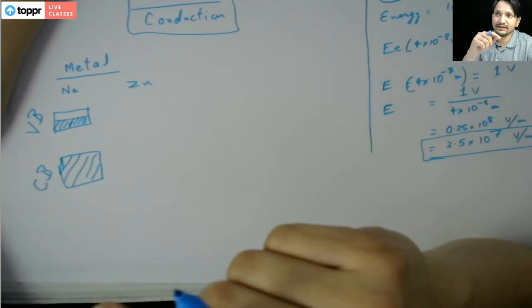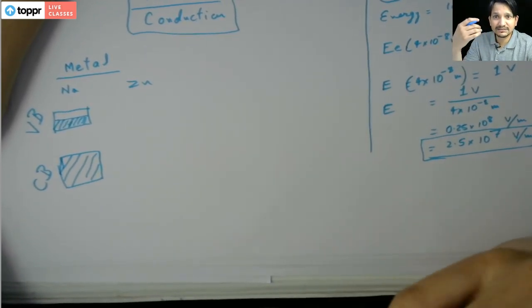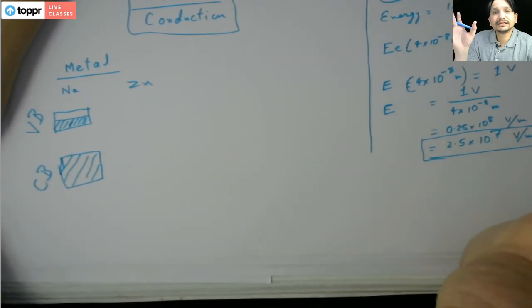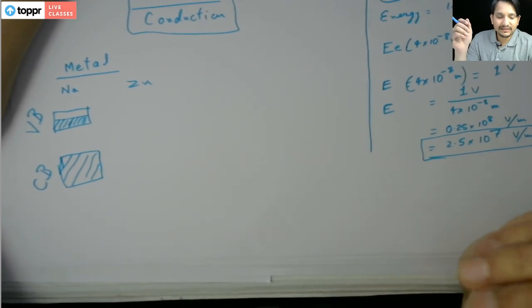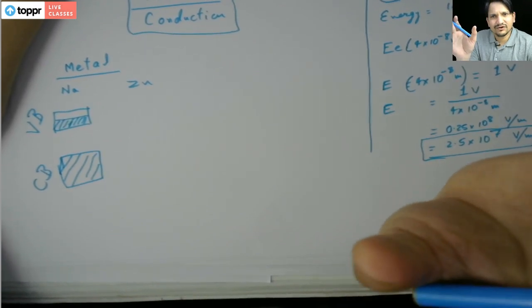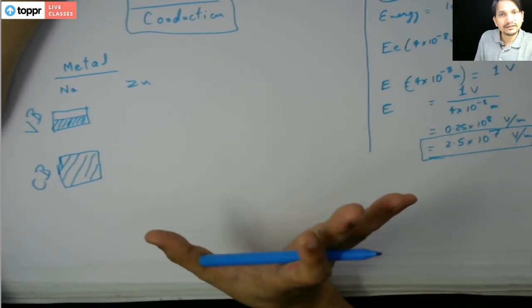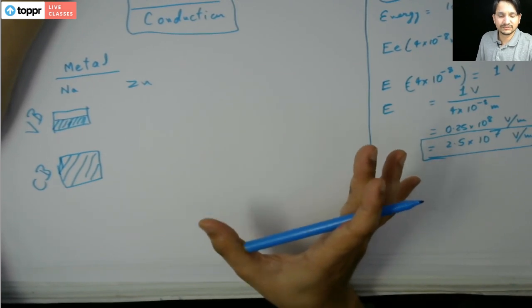So if you have used a sodium wire in your house, on a moist day all your wires would burn up because it has reacted with water. So sodium cannot be used in those cases. So we use iron, copper, aluminium, those kinds of metals. Zinc is also a good metal, but obviously we don't use it much in electronic uses.